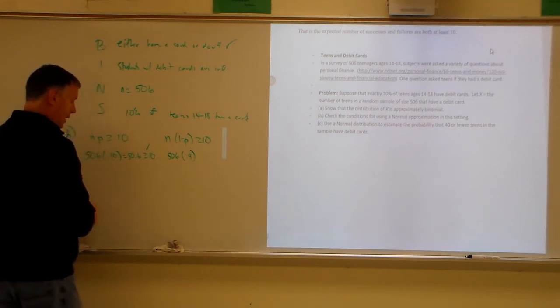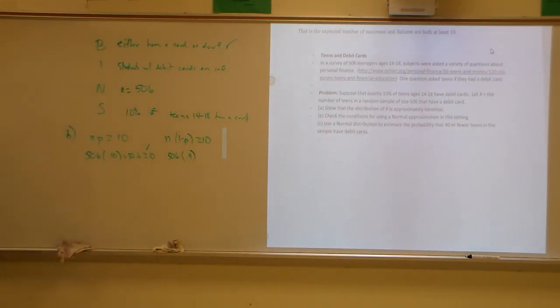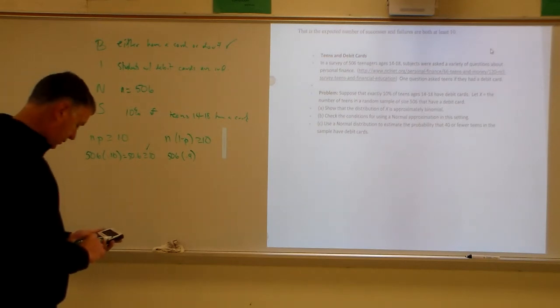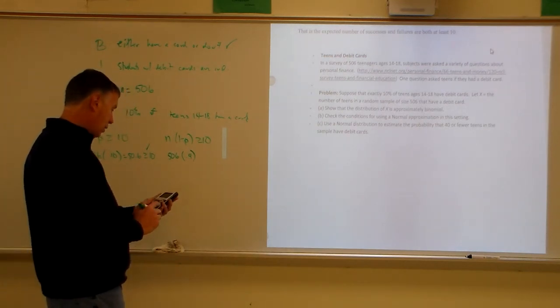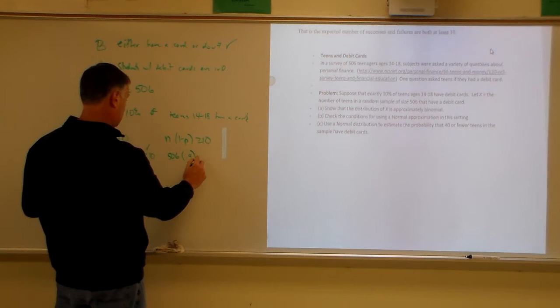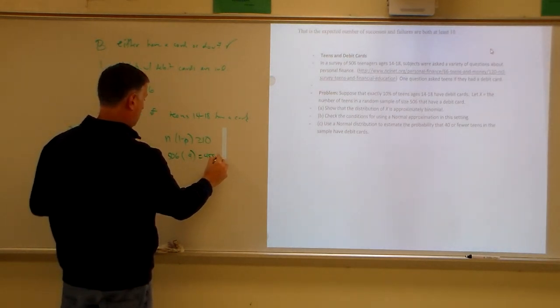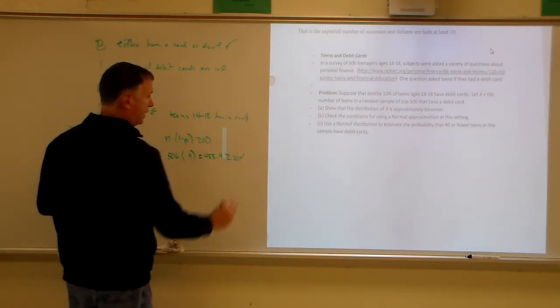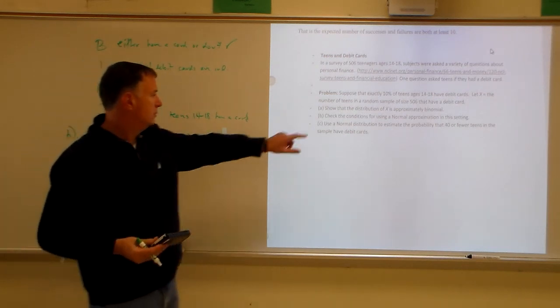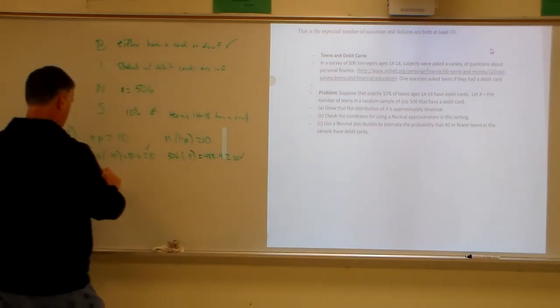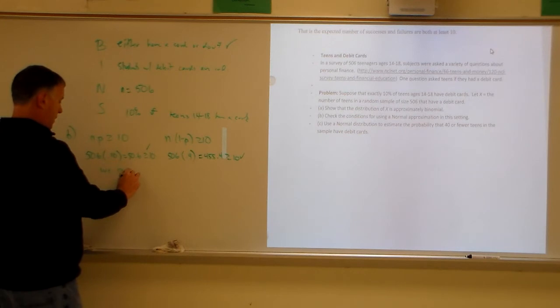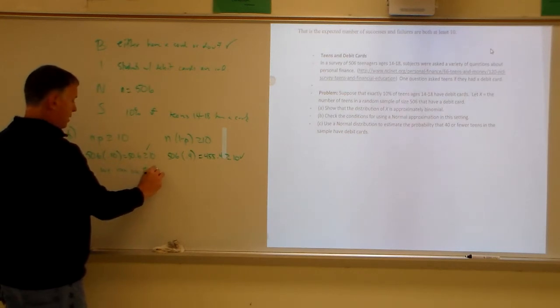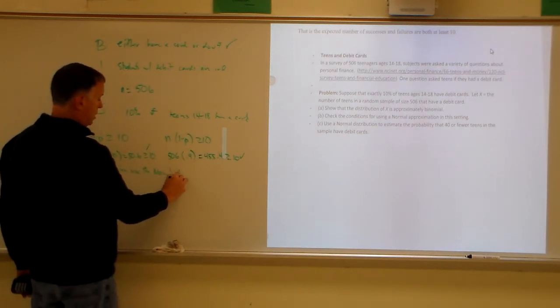Let's be accurate. 506 times 0.9, 455.4. Greater than or equal to 10, check. Check the conditions, we did it. We can use the normal approximation.